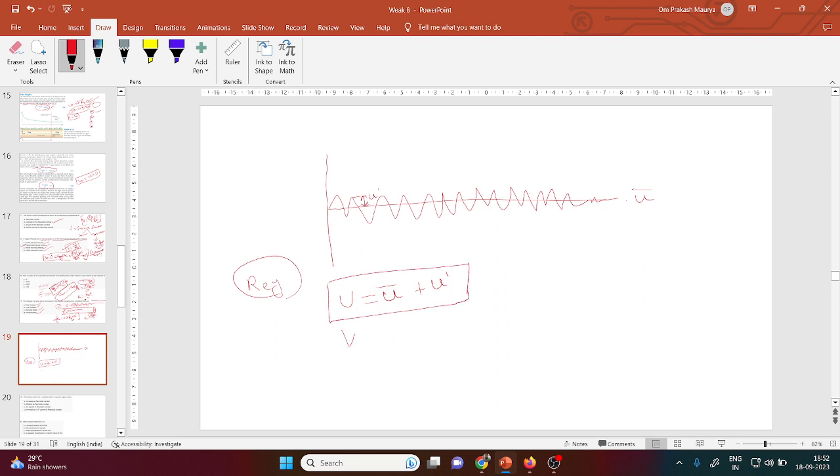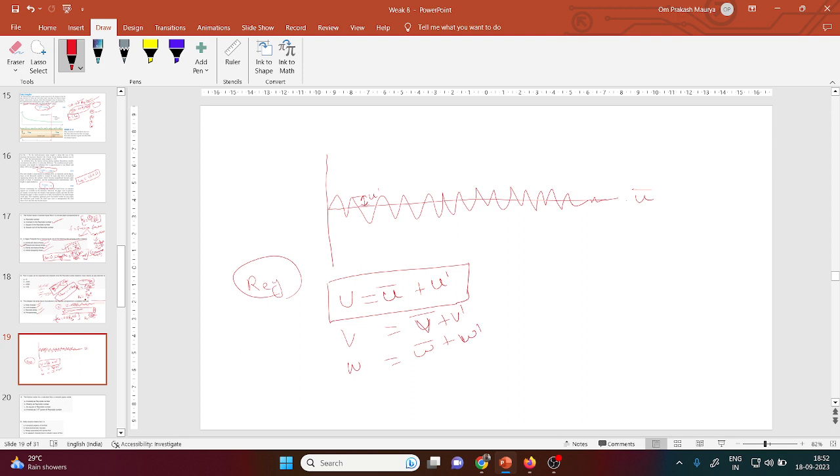Similarly for the other directions, if you take the 3D velocity, v fluctuation component and w fluctuation component.